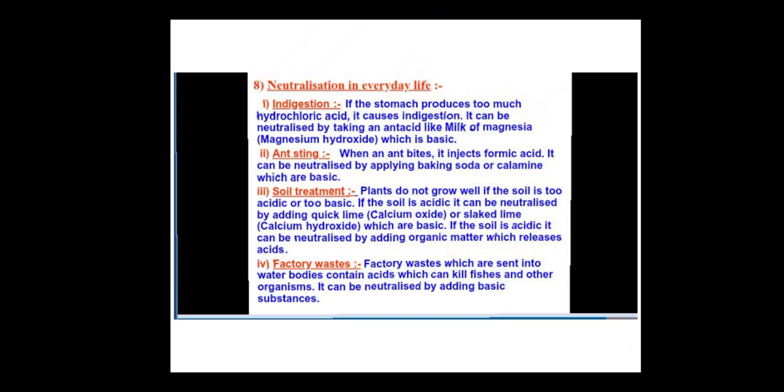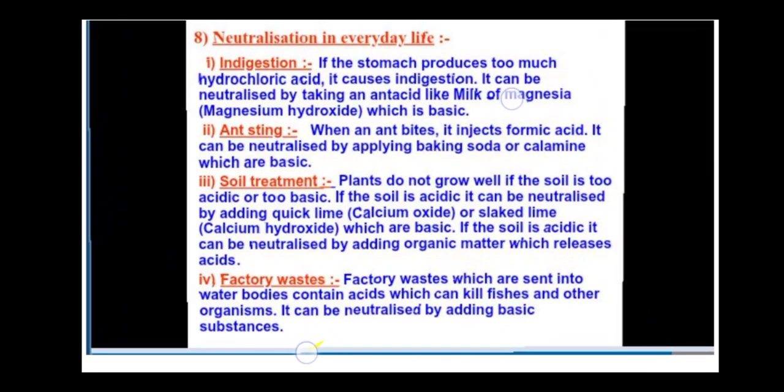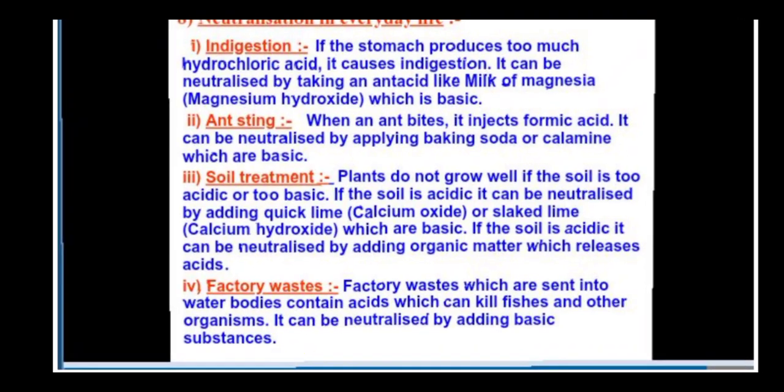Now, neutralization in daily life. Where will you find neutralization in daily life? So first is indigestion. If your food does not digest in your stomach, then it creates indigestion. The stomach produces too much hydrochloric acid. We know that in our body, if there is too much hydrochloric acid, then acidity is created.